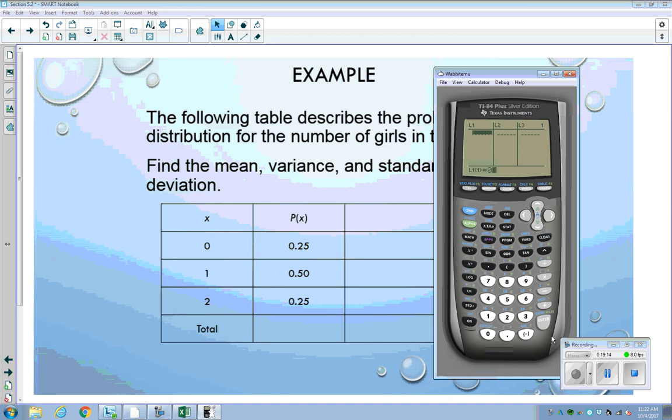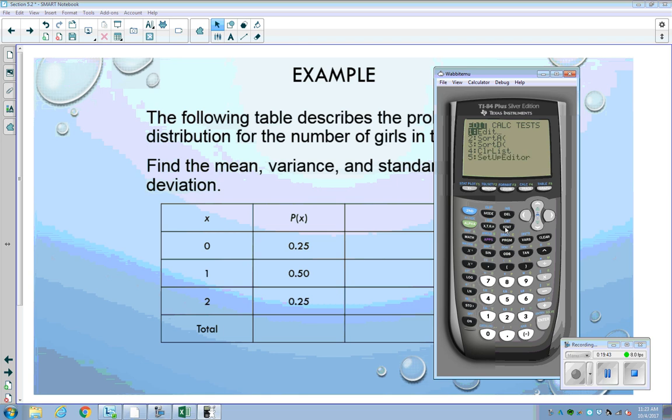So I'm going to put 0, 1, and 2. Then on L2, I'm going to put the probabilities associated with each. So 0.25, 0.5, and 0.25. Just like we did before, just because it's probability, it doesn't change anything.